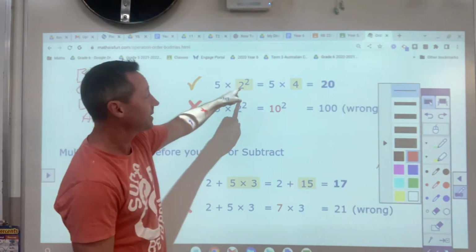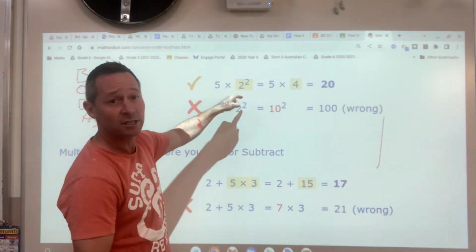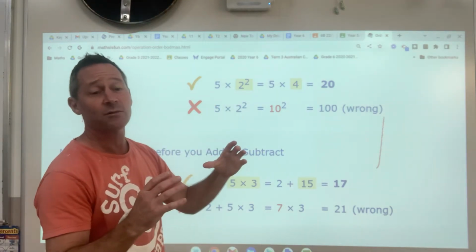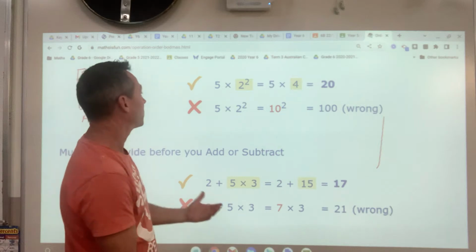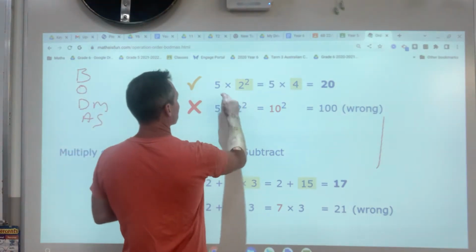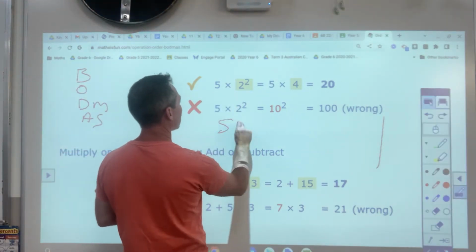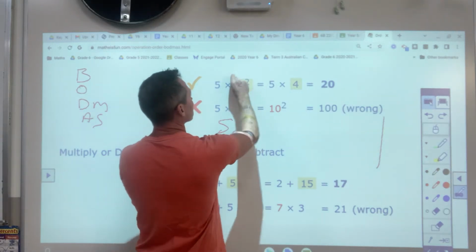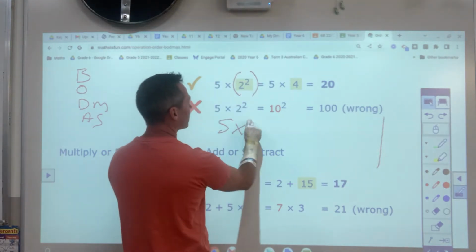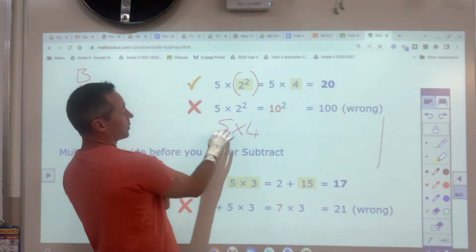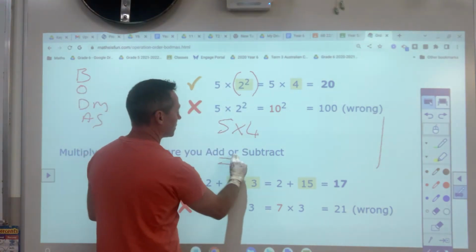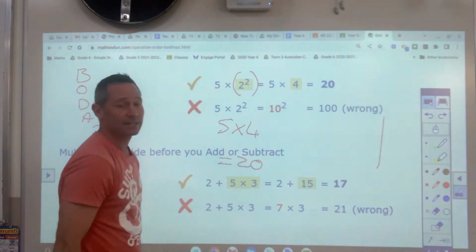And I can see here, there's 2 to the power of 2. Expanded form would be 2 times 2, and 2 times 2 is 4. So I'm doing this one first. That would be 4, and I just bring everything else down. So 5 times 4 equals 20. So 20 would be my answer.